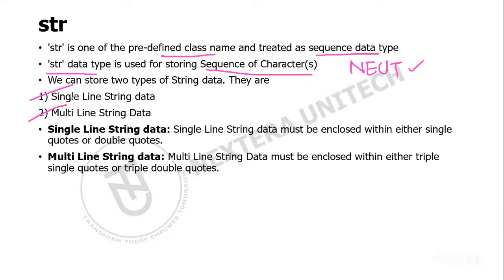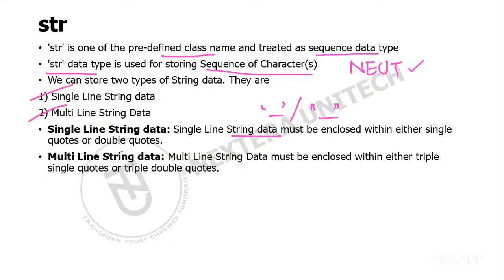If the string data you are representing can be written in a single line, that becomes single line string data, and it will be enclosed with single quotations or double quotations. Either you can use single quotations or double quotations.